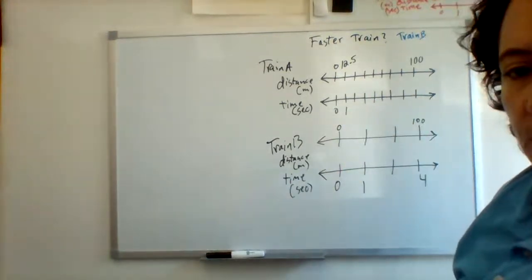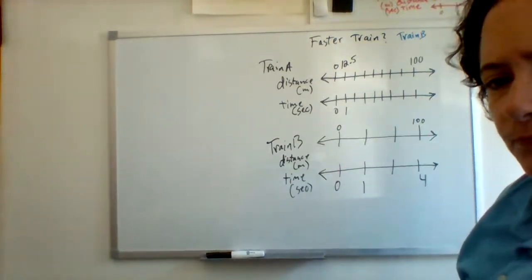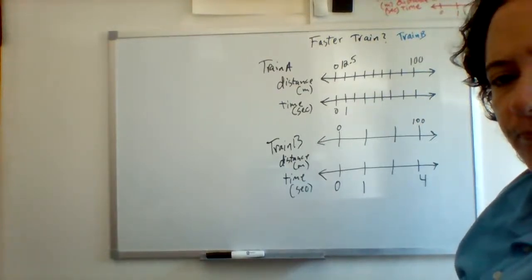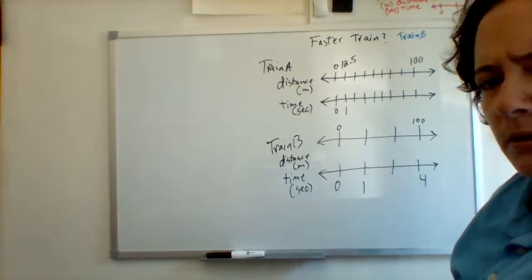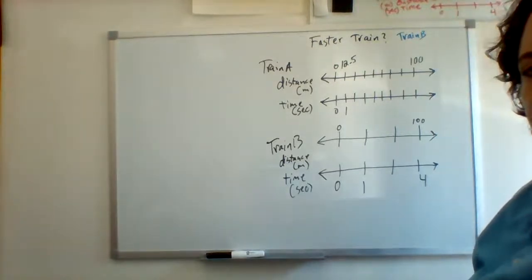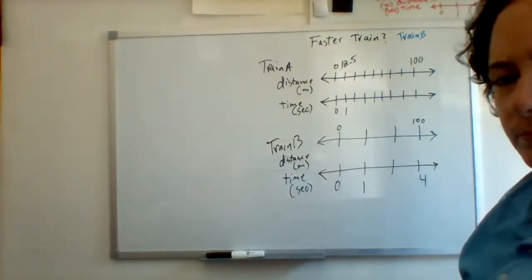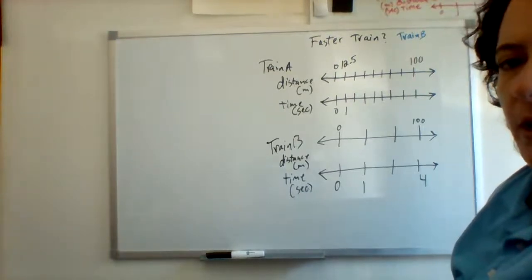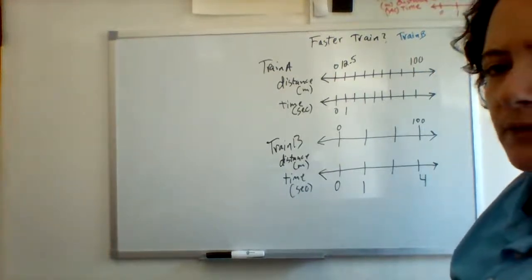So which one? Are you backing up Brian? Train B. Okay, train B is counting by 25 each, you believe.